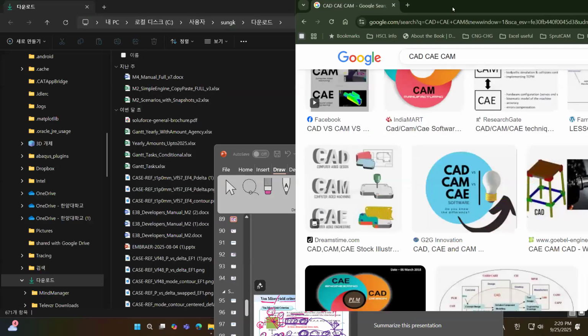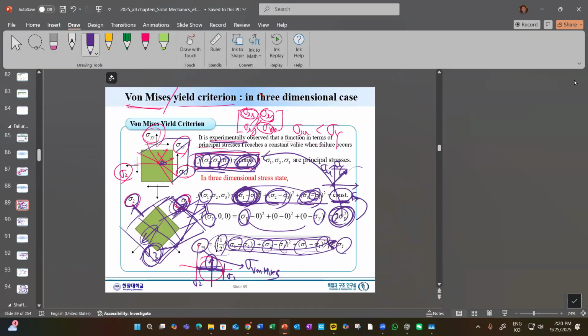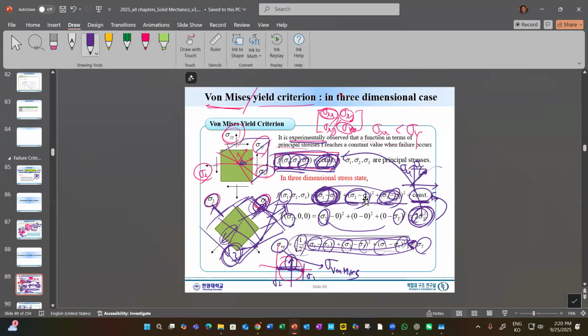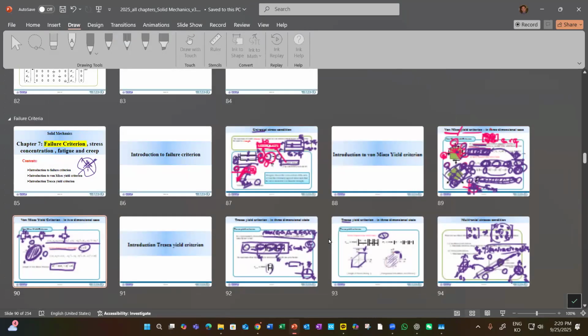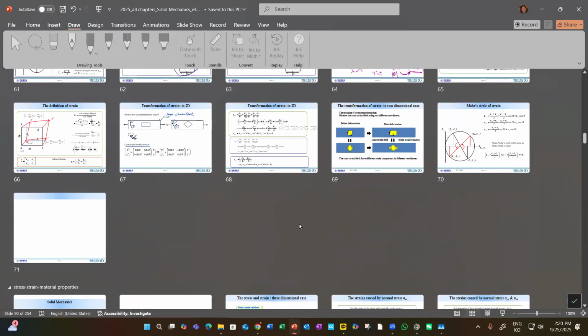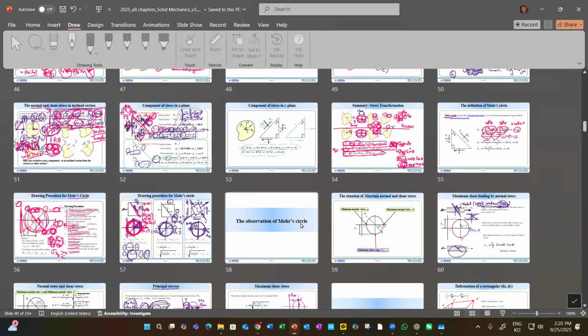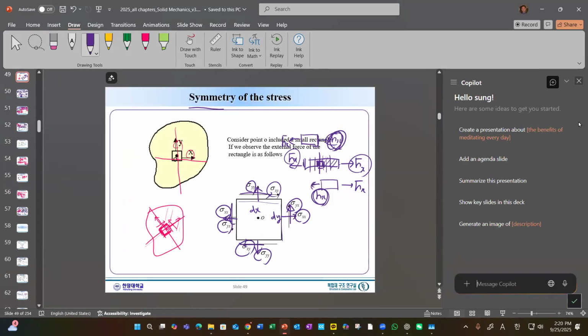Again, we learn about the stresses like that, right? We learn the complicated stresses in a body like that. How do you calculate this one?